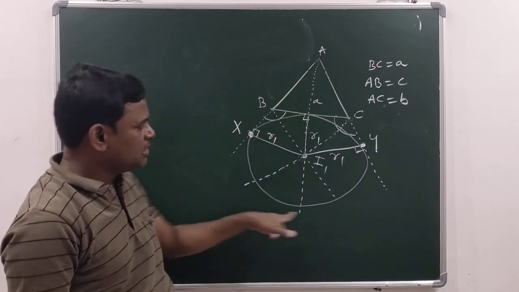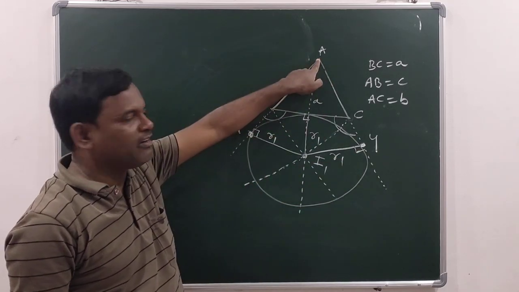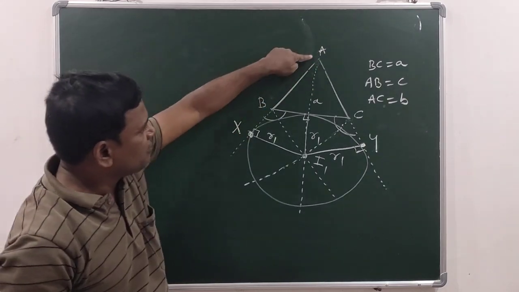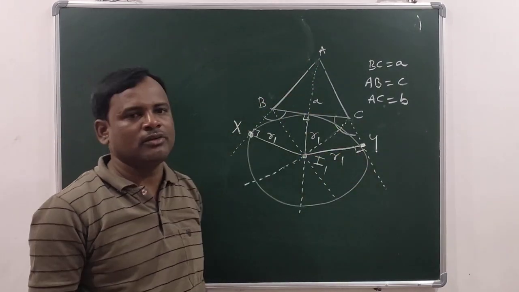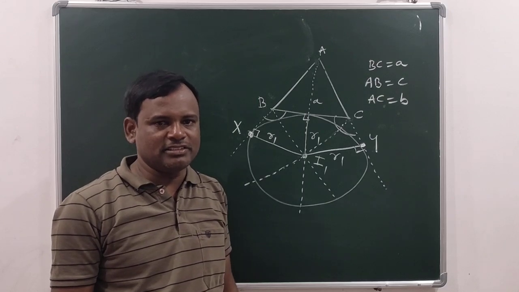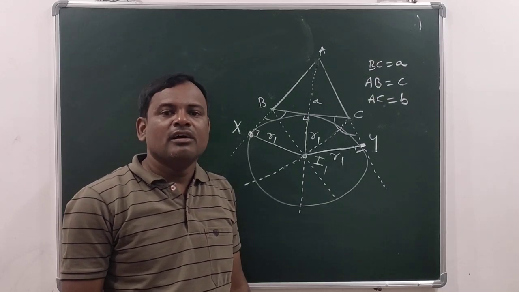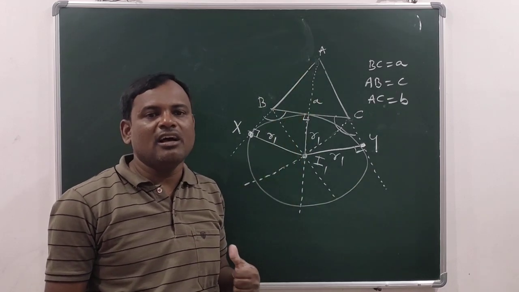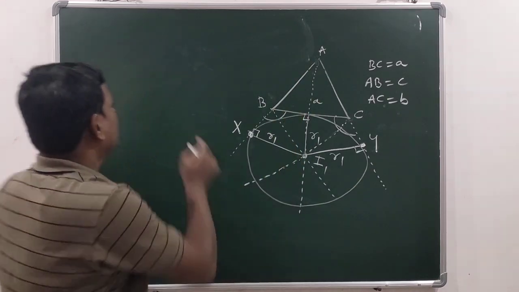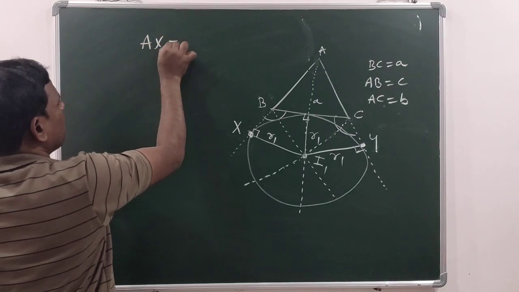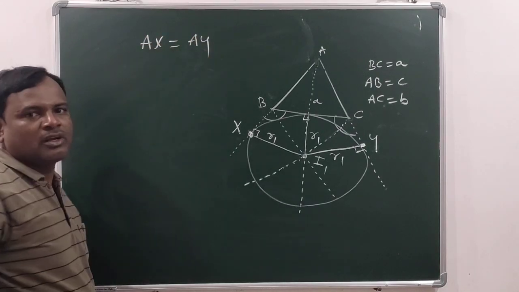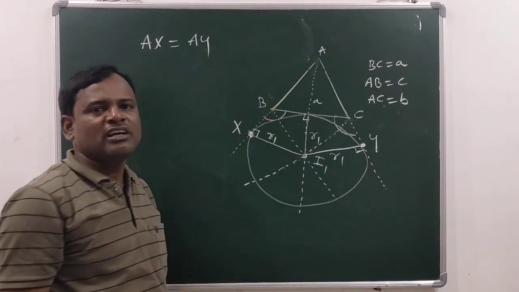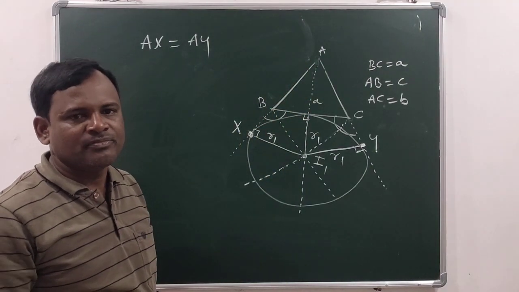From A we have drawn two tangents, AX and AY. Both are tangents. As we know, tangents drawn from an exterior point to the circle are equal in length, which means AX equals AY.